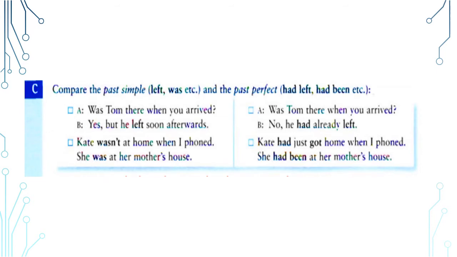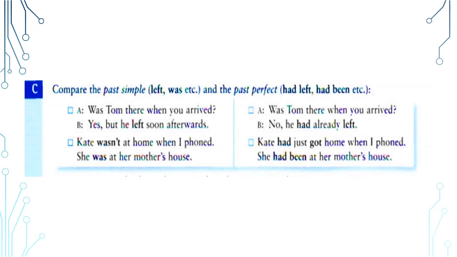Compare the past simple, left or was, etc., and the past perfect, had left, had been, had seen, and so on. Was Tom there when you arrived? Yes, but he left soon afterwards.